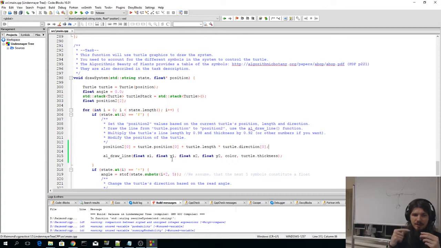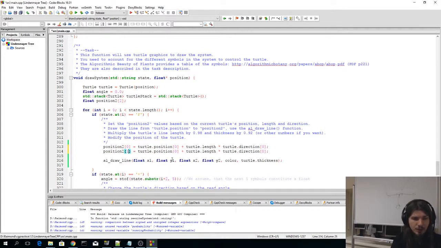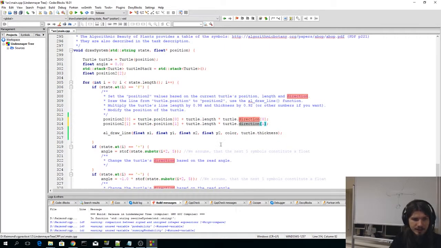So how much actually moves in x, or how it is rotated, specifies how much the x coordinate changes. And the same thing we do with position 2 y coordinate. So we take the turtle's current y coordinate and we move it depending on the length and direction vector inside the turtle struct. Now we have x1 and y1, so those are the turtle's initial positions, so x and y, and we have the end positions, which is position 2, 0, and position 2, 1.